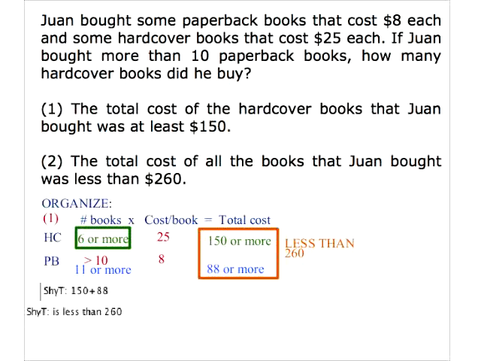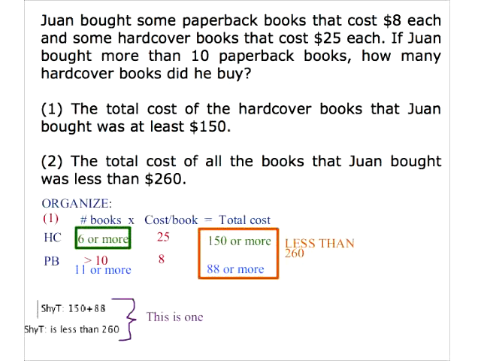Okay, let's take a look here. The first thing you want to realize is that this observation by itself is just one case that works, and that will always happen. So make sure you know this. This is one case that works.